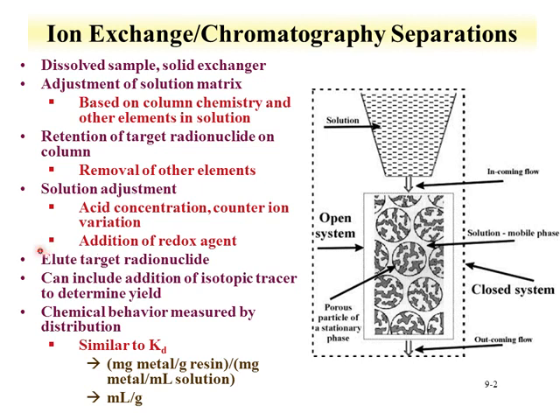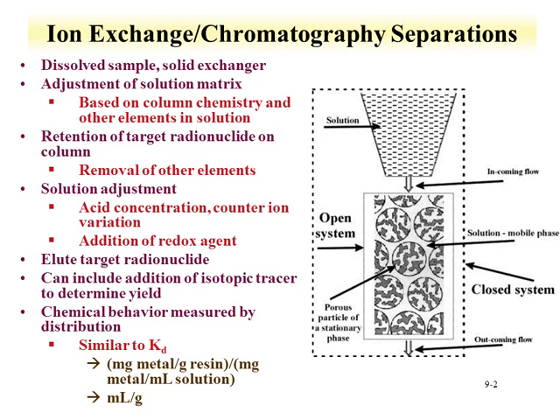Often you elute your target radionuclide from a different condition than the initial addition of the radionuclide to the column. Again, this condition can either be a change of the redox state of that radionuclide or a variation of the acid concentration. You can include an addition of an isotopic tracer to determine yield. In other words, a different isotope of the same element than the one that you are performing the separation on.